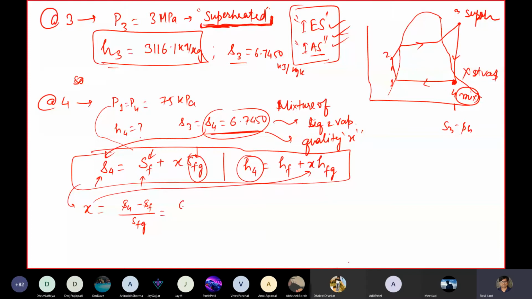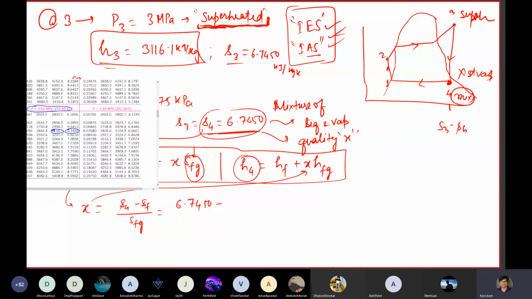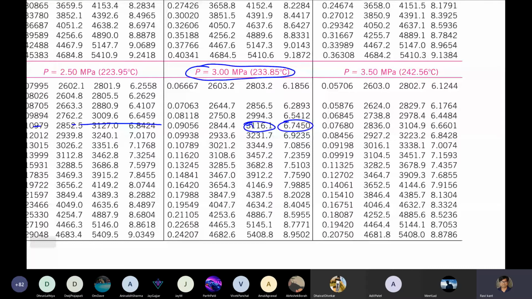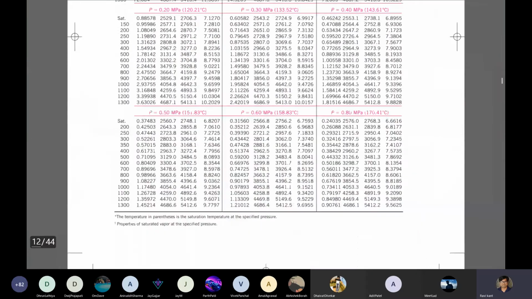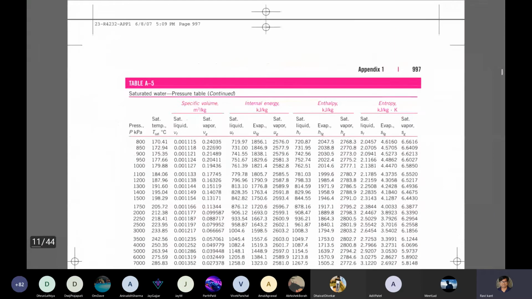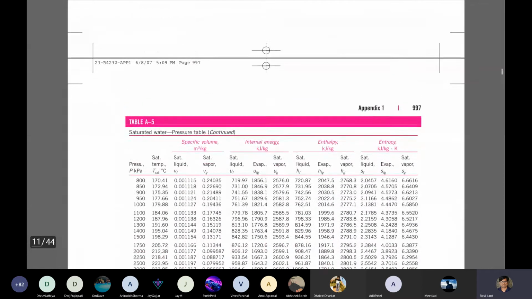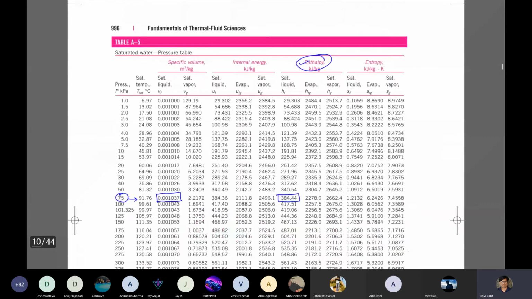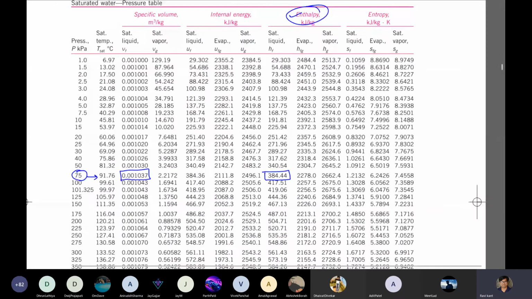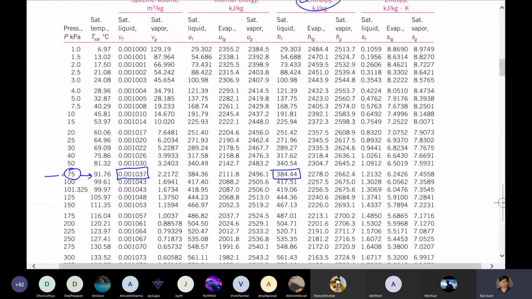What is my S4? 6.7450 minus S_f. So S_f, can we see the data? S_f again at saturated liquid. Yes, we could go from this table again, at 75, since the condenser pressure is 75 kilopascal.